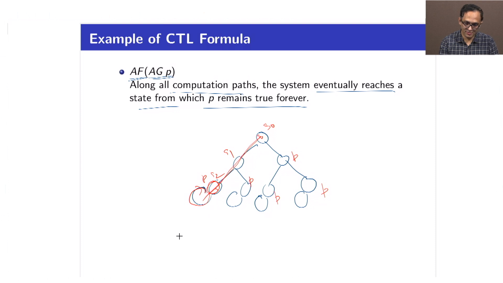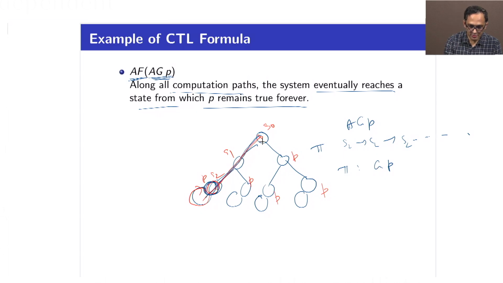So, in this path I would say that AG P holds. So, you have to understand that it is AF AG P. That means in this path I reach a state S2, from there globally it holds. So, if I think about a path S2, S2, S2 and so on, that path pi satisfies G P. Here there is only one path.